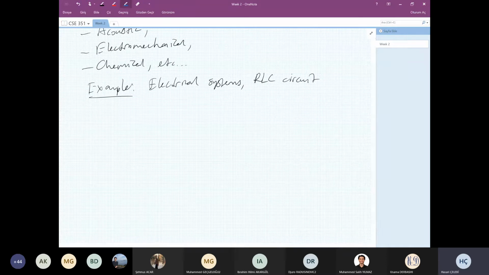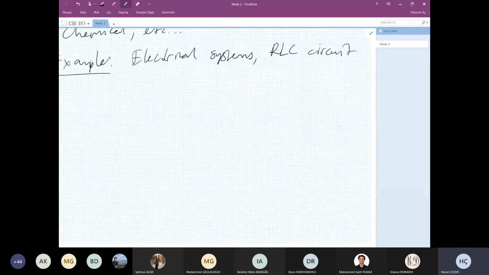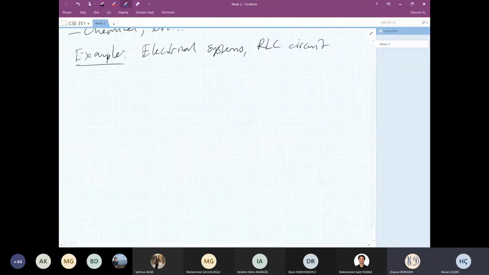I'm sure you guys have heard about this RLC circuit, right? Yeah, so let me show it to you. This is a system that you can find in many electronic or computer systems.